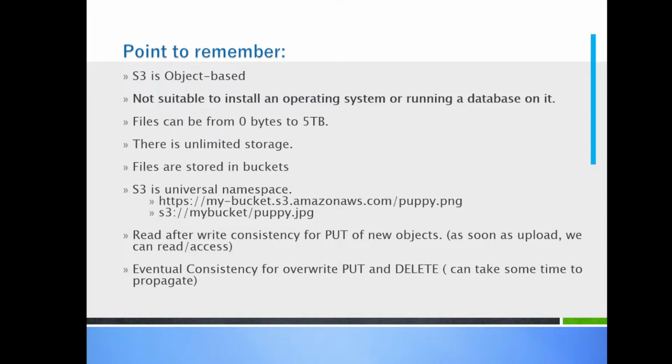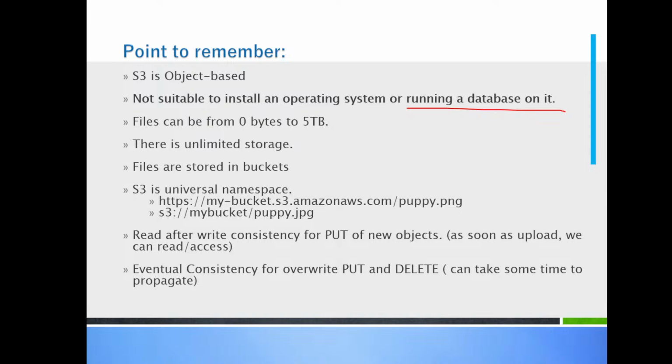So what we have learned till now: S3 is an object storage, not suitable to install an operating system or run a database. I told you, you can't install the operating system, you can't install an application on S3. This is object storage, not block storage. We have covered in detail the difference between block storage and object storage.